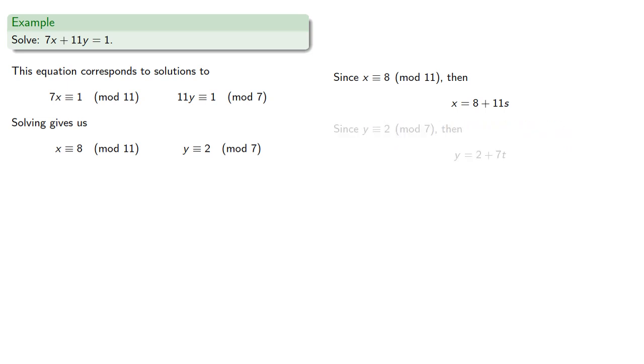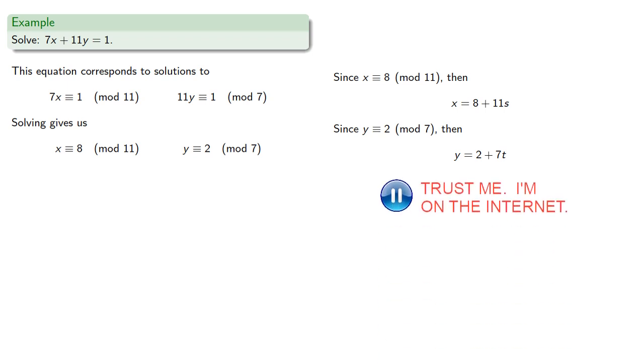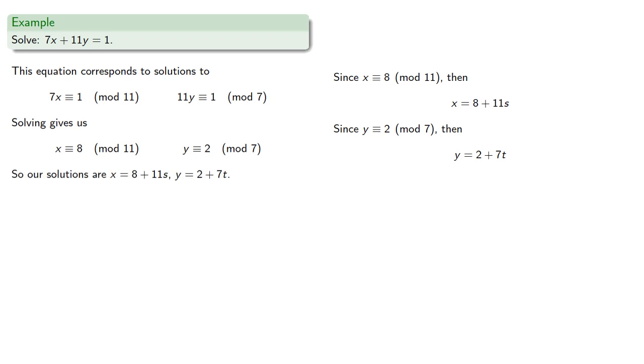And since y is congruent to 2 mod 7, then y is equal to 2 plus any multiple of 7. And so our solutions are, or are they?